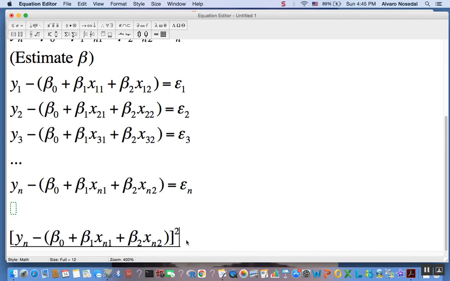And we don't do it just for one observation like we did here for the last one. That would be only the squared error for the last observation. We do that for every single one of them and we add them all up. So that was the idea.